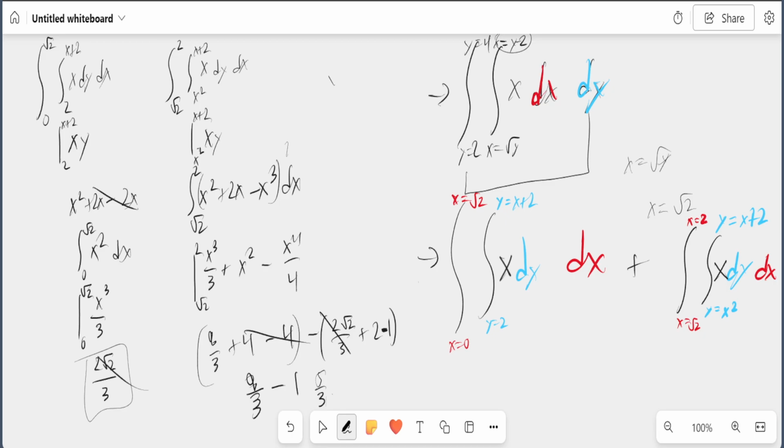And it probably is. But where would I get a negative? What am I missing? Huh. Okay, let me check this. Let me check my bounds once more.